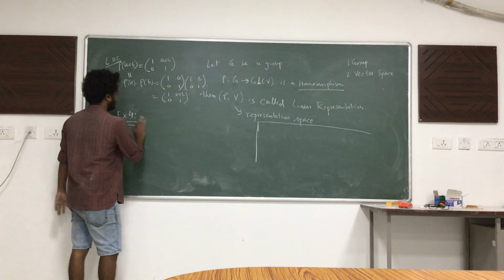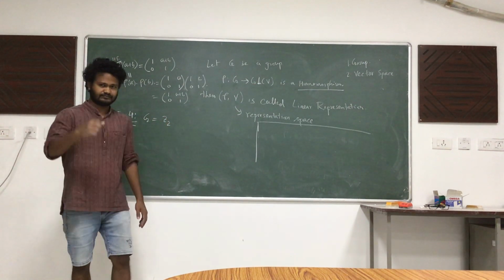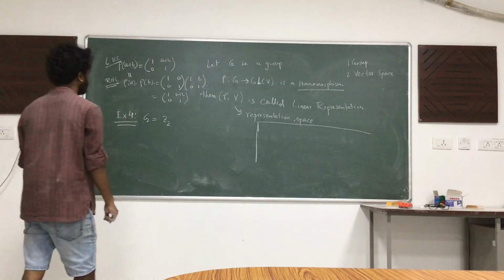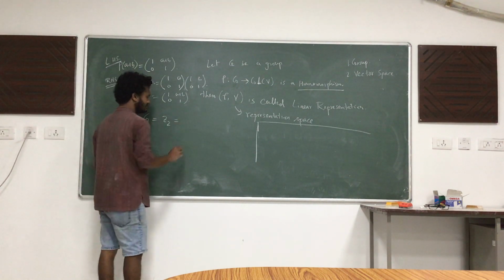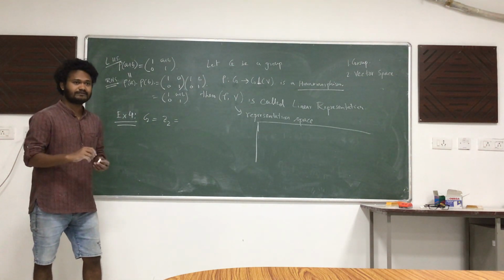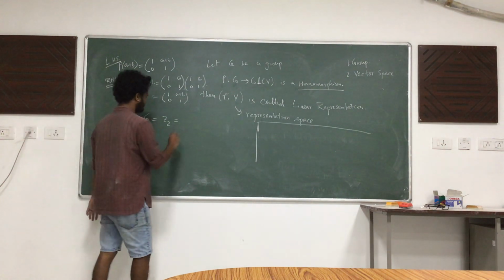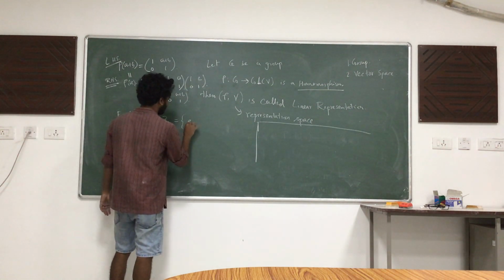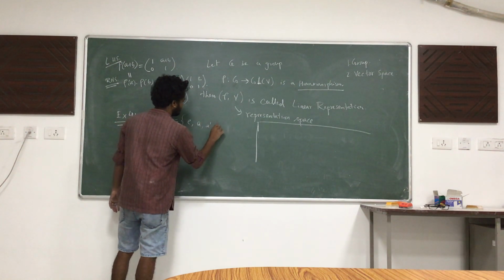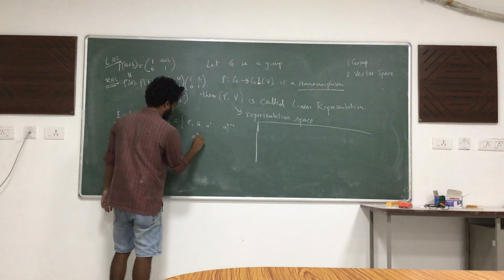Let us say G is Zn. We know Z2. What is this group? Zn is basically e, a, up to a to the n minus 1, and the multiplication is such that a to the power n is identity.